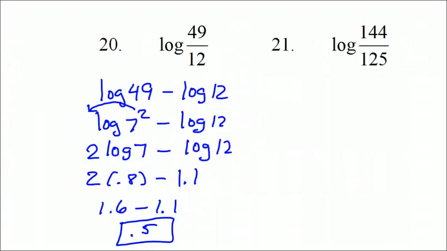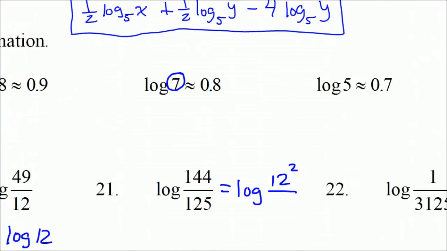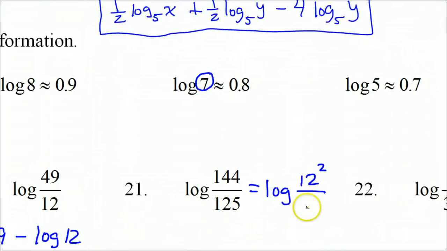Well, 144, let's see, I know that is 12 squared. And I like that because 12 is one of the facts that we're given, log 12. And 125, I know that that is 5 to the third power. And again, 5 is one of the facts that we're given.